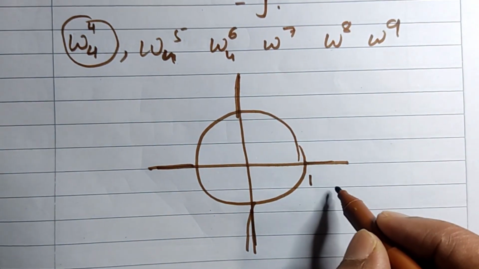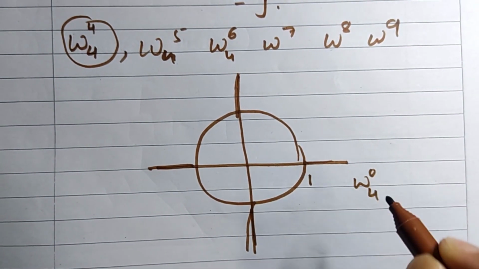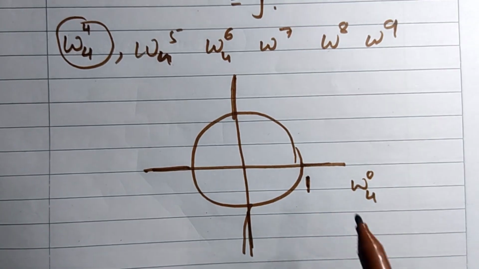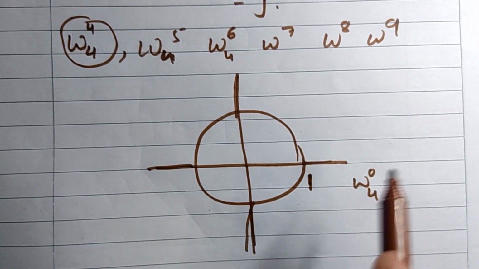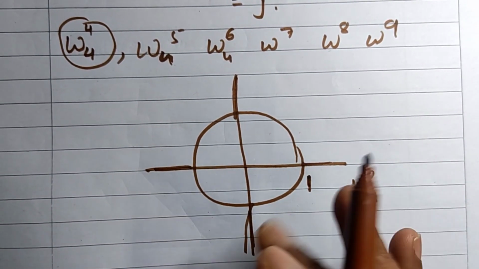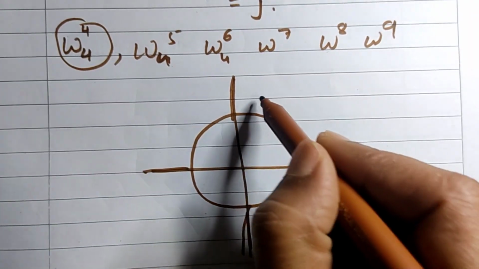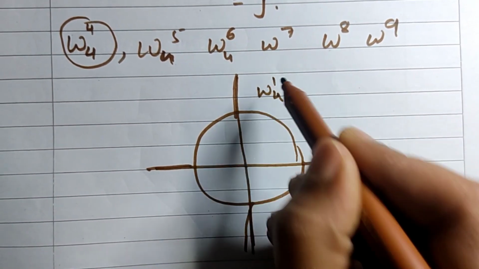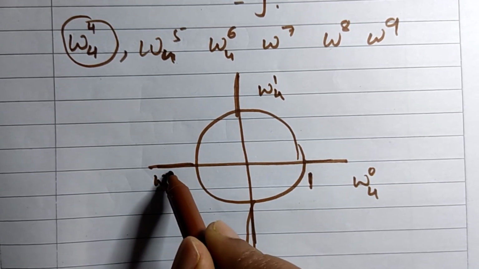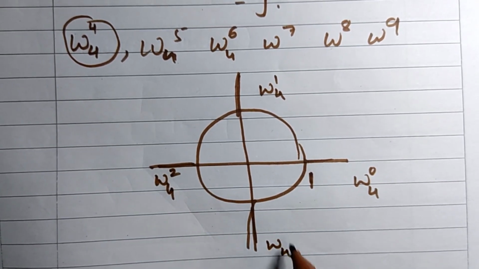Omega 4 raised to 0. Omega 4 raised to 0's value is how much? 1. So here you have options. I'll tell you one thing which you can easily remember. I'll take like this: omega 4 raised to 0, next omega 4 raised to 1, omega 4 raised to 2, and omega 4 raised to 3.